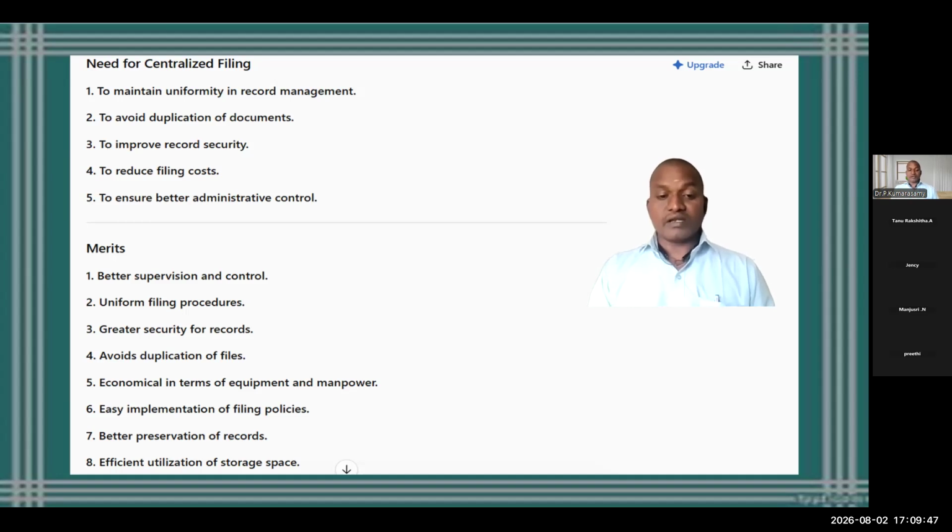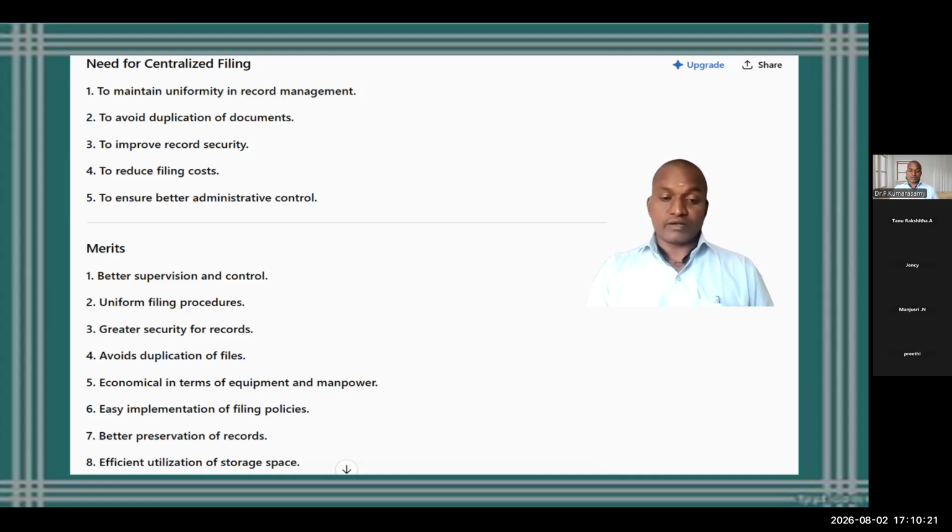It is very economical in terms of equipment and manpower. Already I explained: if we follow a filing system in different departments, in different schools, in different places, everywhere at least one employee should be assigned to do the recording, filing and maintaining of the systems. But if we follow it in only one place, we can reduce equipment and we can reduce manpower.